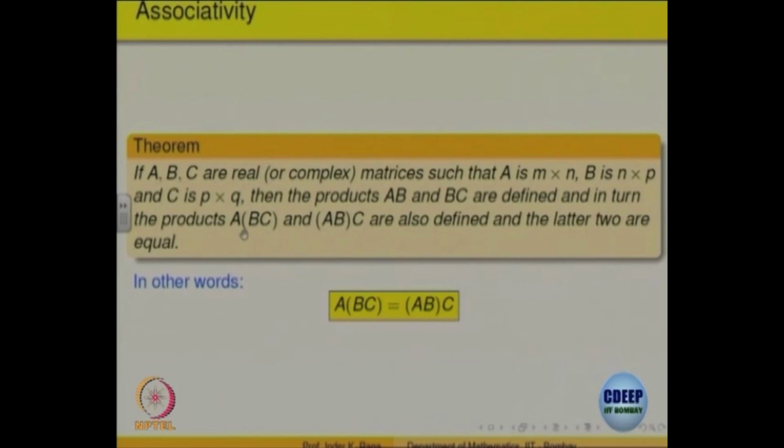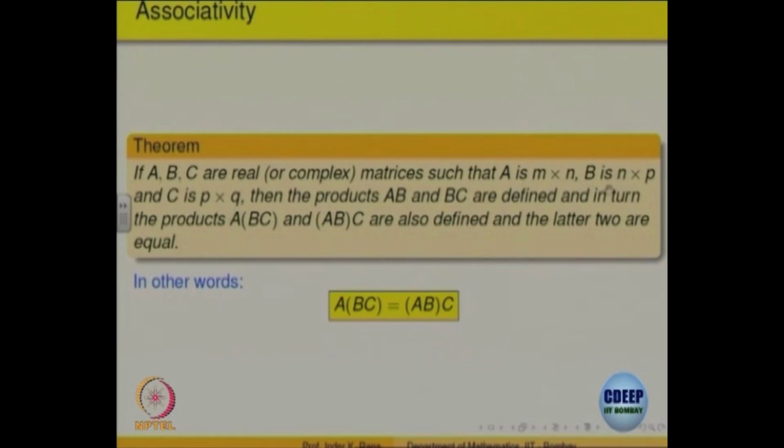If you want to define ABC, what should the orders be? The number of columns of A should match the number of rows of B, and the number of columns of B should match the number of rows of C. That is why the condition is put: A is m cross n, B is n cross p and C is p cross q.